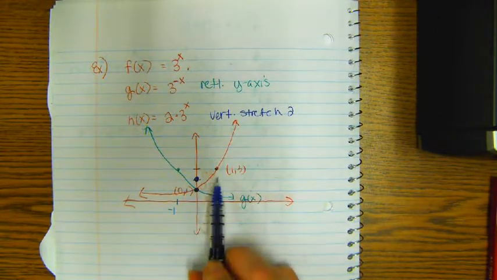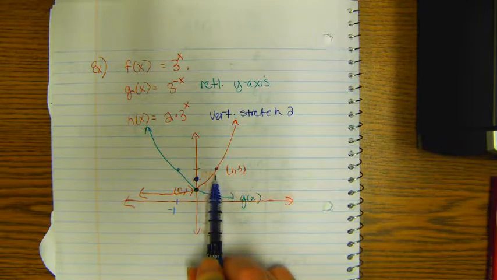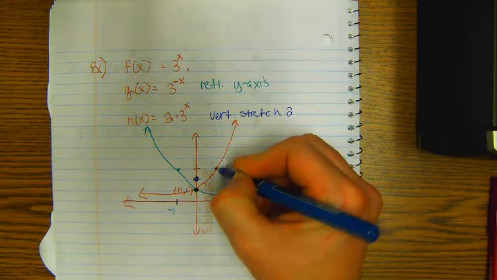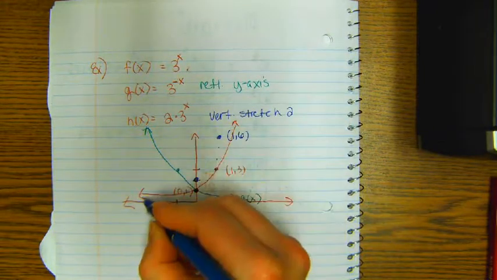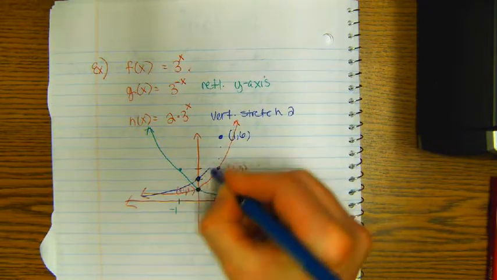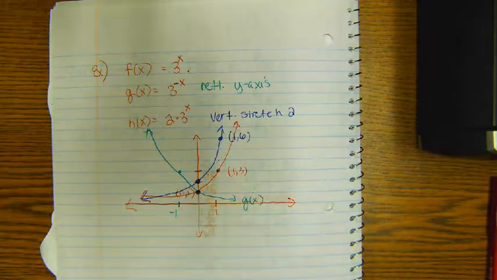And the point 1, 3, multiply the y-coordinate by 2. What do we get? 1, 6. So 3, 4, 5, 6. Okay, so that's just a little bit of some sketching graphs and how they're related to a basic function.